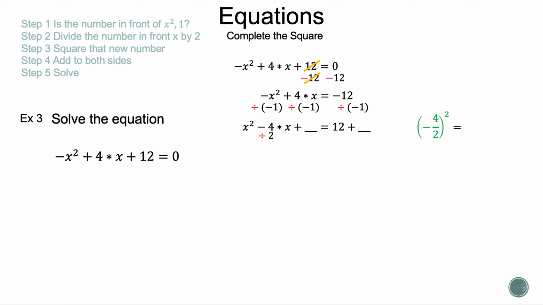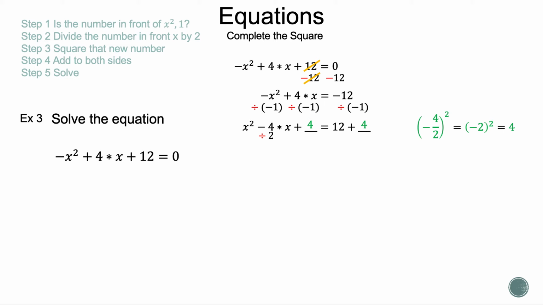So we have negative 4 divided by 2 squared. Let's simplify inside the parentheses, and negative 4 divided by 2 is negative 2. So now we have the parentheses of negative 2 squared, and the result of that is 4. So now we're going to go ahead and add 4 to both sides so that we can factor the left-hand side.